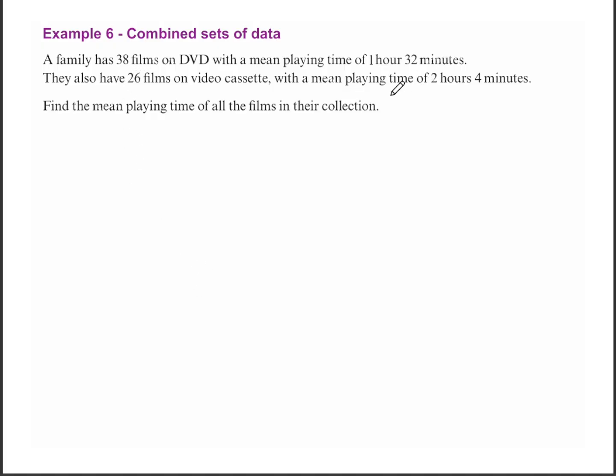And so the total amount of playing time is going to be 1 hour, 32 minutes times 38. Similarly, for the video cassette, the total amount of playing time is going to be those 2 hours and 4 minutes multiplied by 26 films, because the mean average time is 2 hours and 4 minutes.